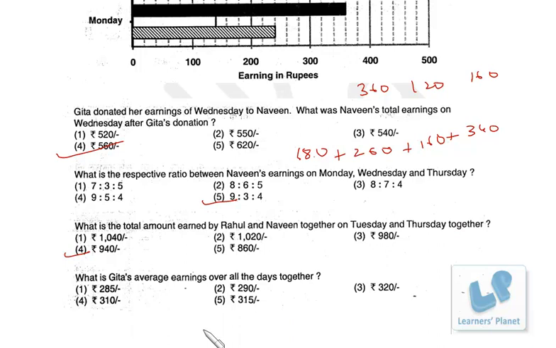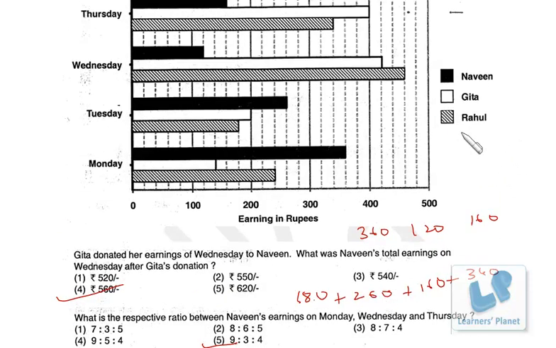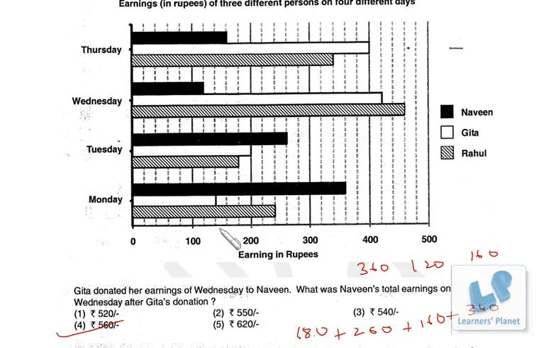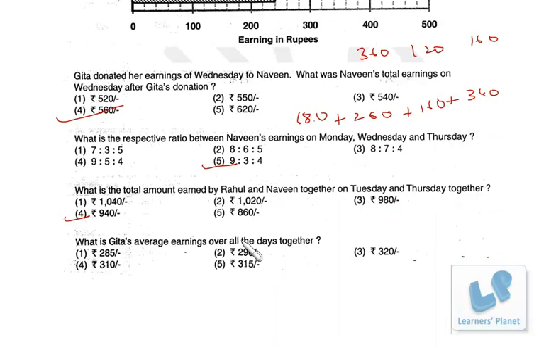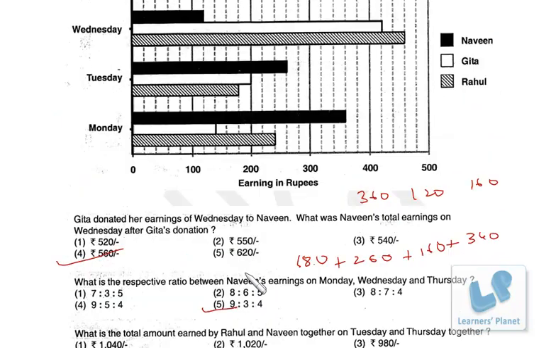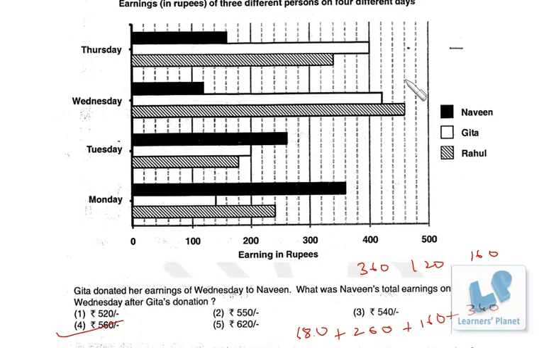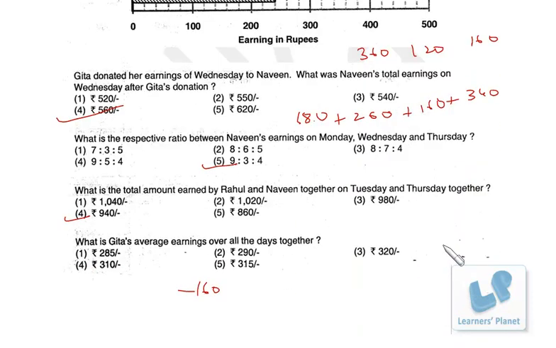What was the Gita's average earning over all the days together? Now here you can see all the options are around 300, right? Some of them are a bit more than 300, some of them are a bit less than 300. So what I do is I assume the average earning is 300. Now I see the deviation, right? So Gita, the blank one. On Monday it is 140, so deviation is 160. On Tuesday it is 200, so deviation is 100.